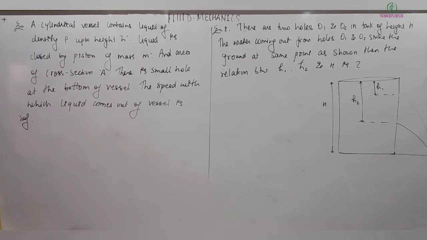Okay, see a few more problems. A cylindrical vessel contains liquid of density rho up to height h. Liquid is closed by a piston of mass m.